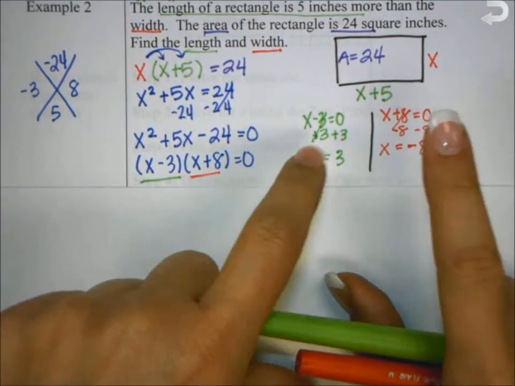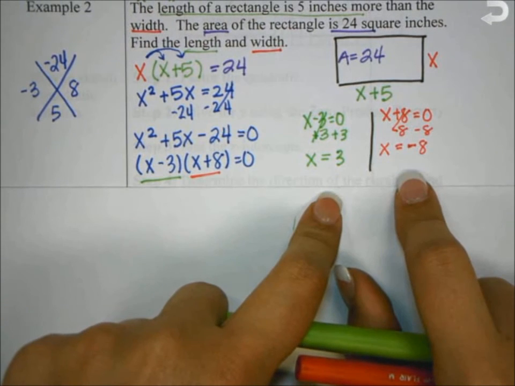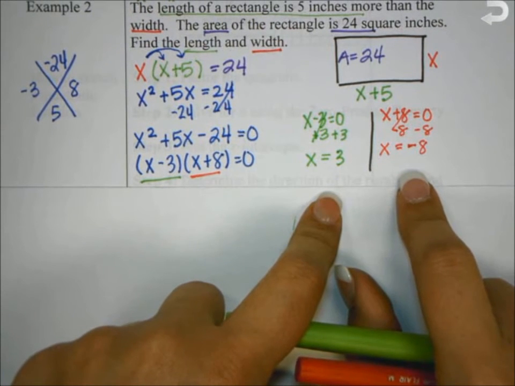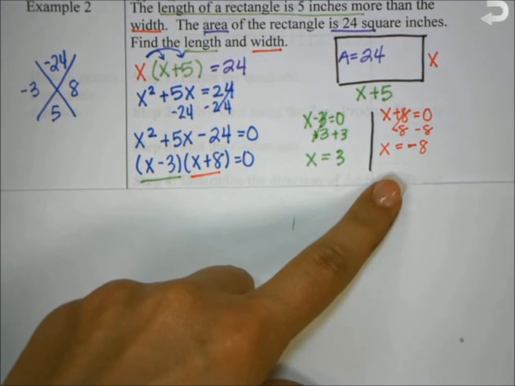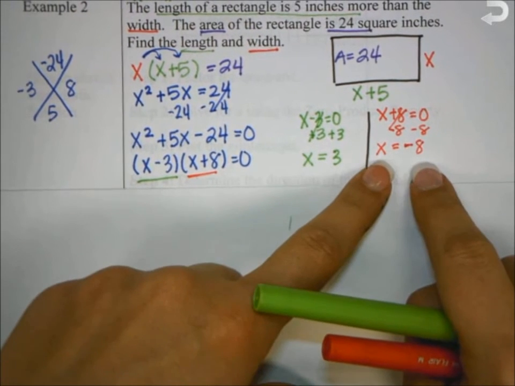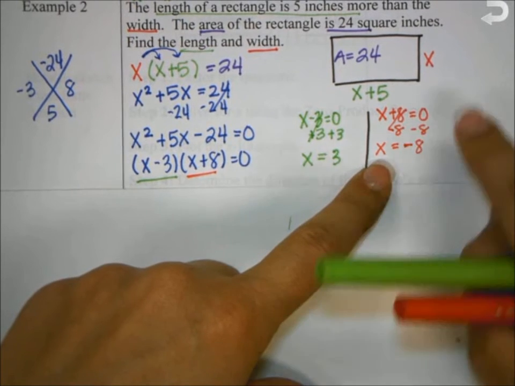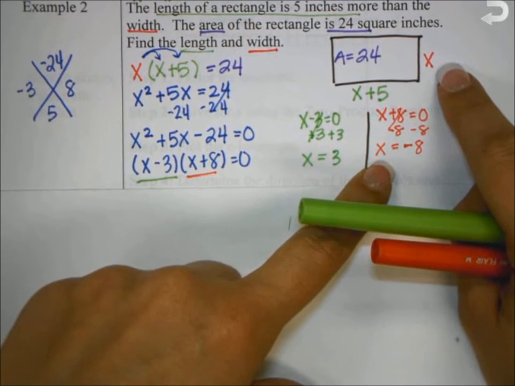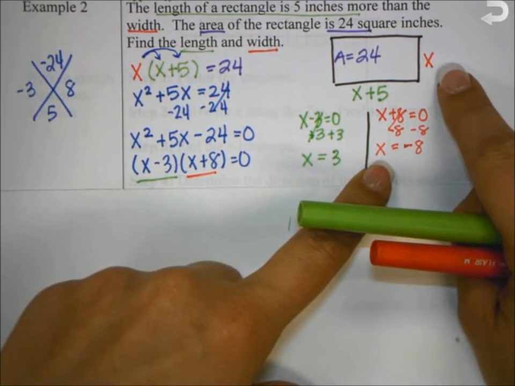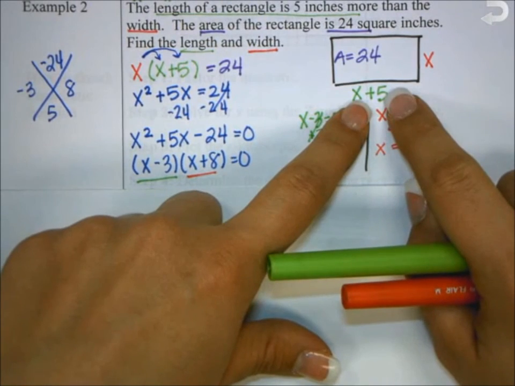Which one do you think it is? x equals negative 8. Why can't x equal negative 8? Because there can't be a negative width, right? We are looking at a problem that has to do with length and width. x is my width.